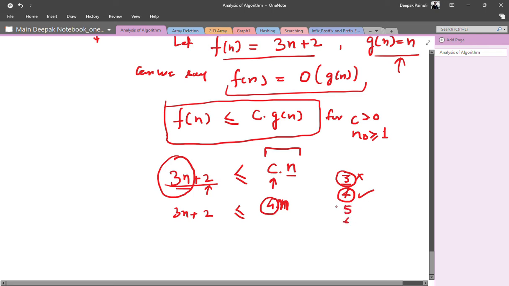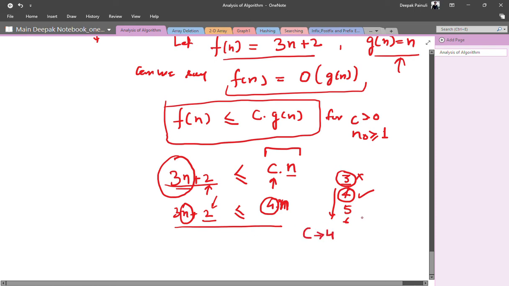For all the values above 4, it will satisfy this relation, right? Until your n is less than 2, because if it is greater than 2, the constant will not impact this relation very much. But if it is less than 2, it remains close to 3n, right? So from here we found that the value of c should be 4.